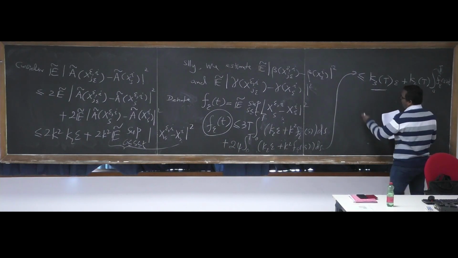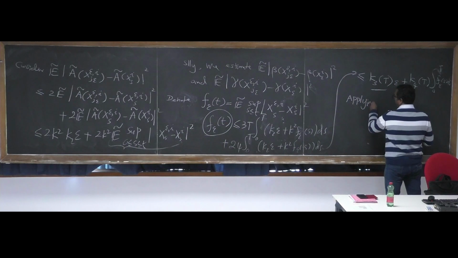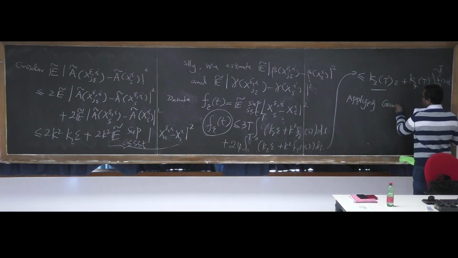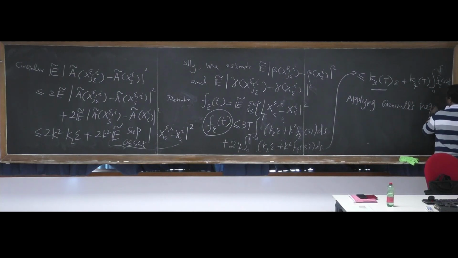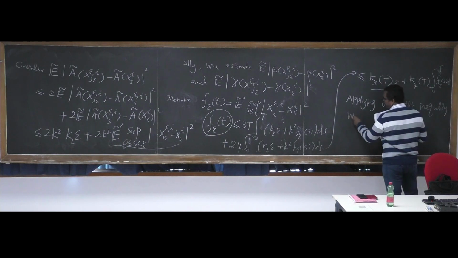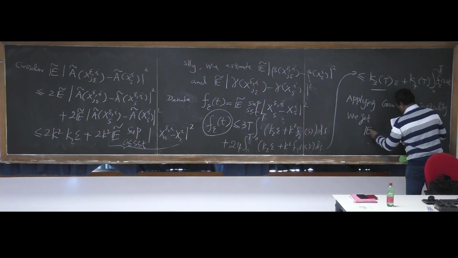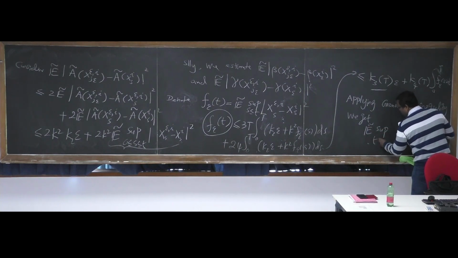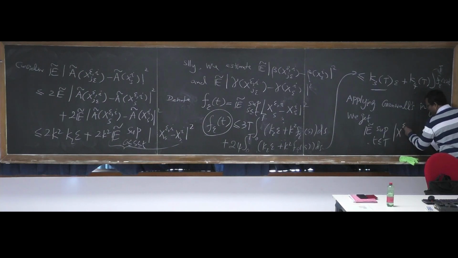So applying Gronwall's inequality, we get the expectation of the supremum over t of the square of the difference of the signal process associated with the discretized version of the interacting particle system minus the signal process associated with the finite interacting particle system.